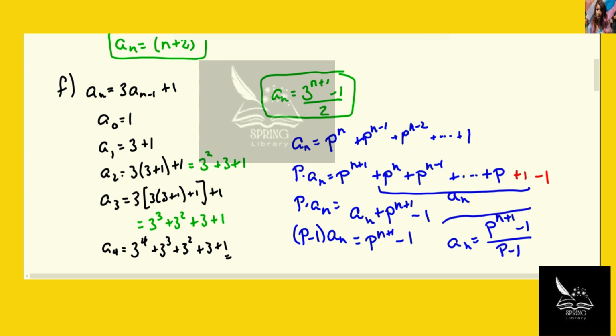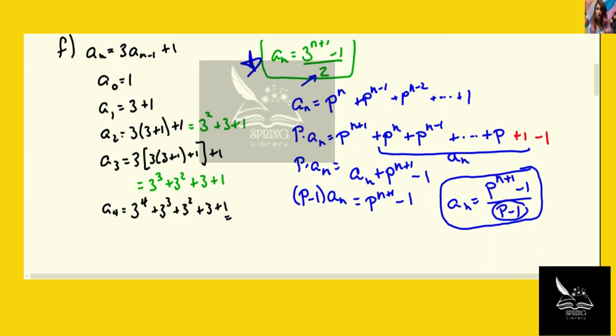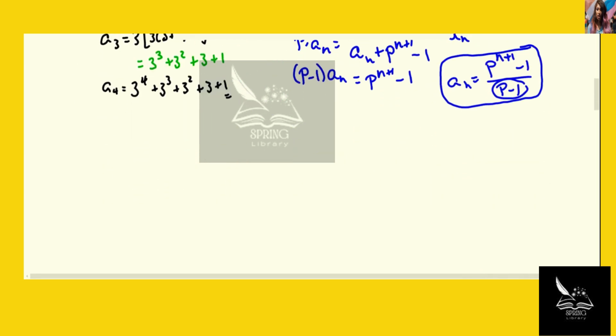So that is for any p, any base, that's my answer. In this case, p is 3. So I have 3 to the n plus 1 minus 1 on top, and the bottom is going to be 3 minus 1, or 2. Hopefully that helps. You might have known this one already. If not, hopefully this will help if you see it in the future.